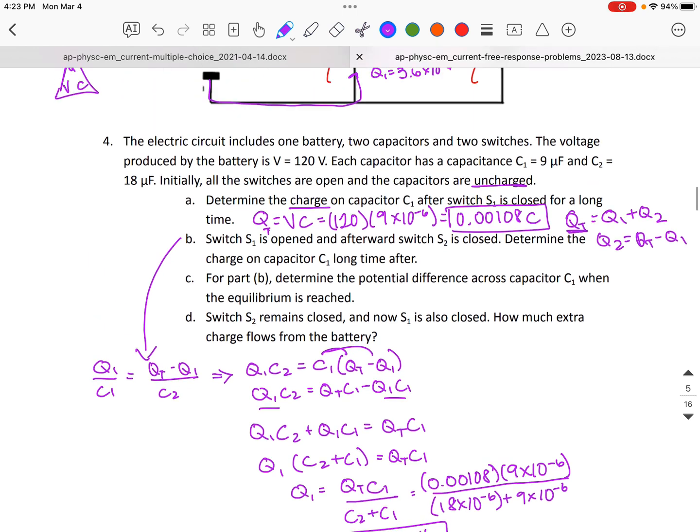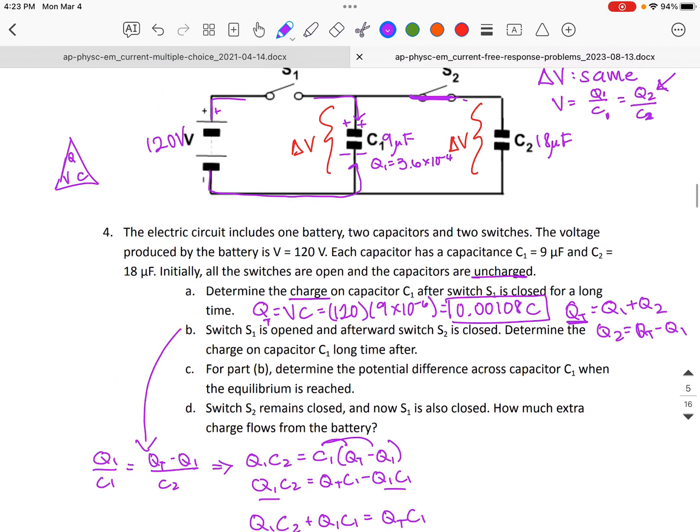Instead, we're asked for the potential difference. And delta V is equal to Q over C, which is equal to 3.6 times 10 to the negative 4 all over 9 times 10 to the negative 6. And the answer to that gives me 40 volts.